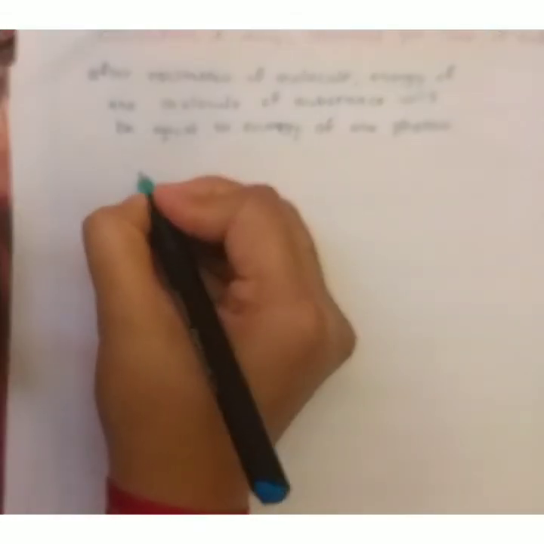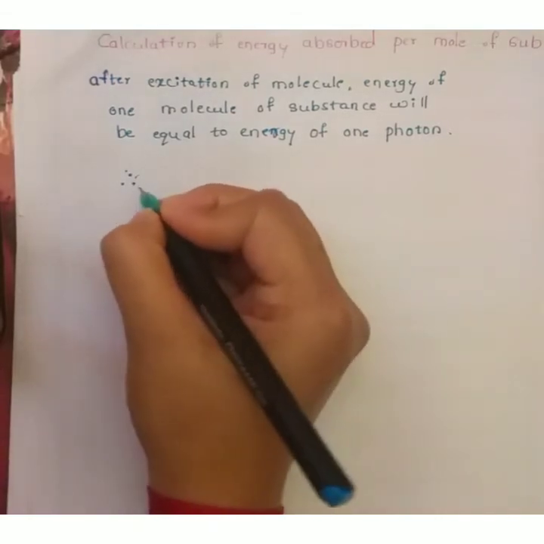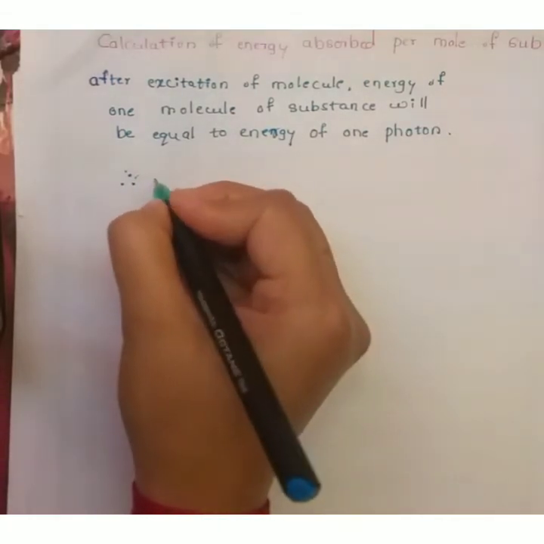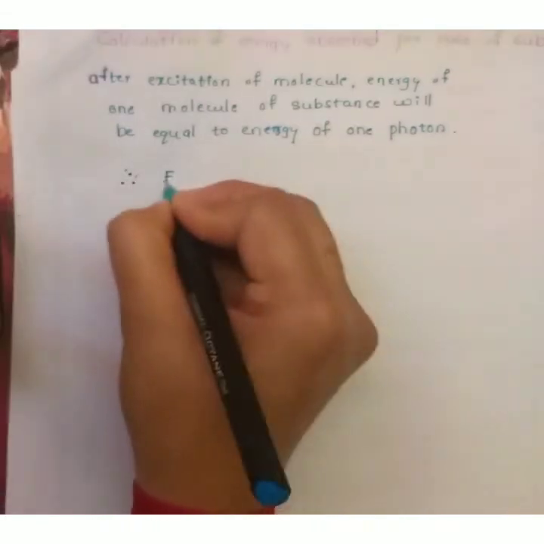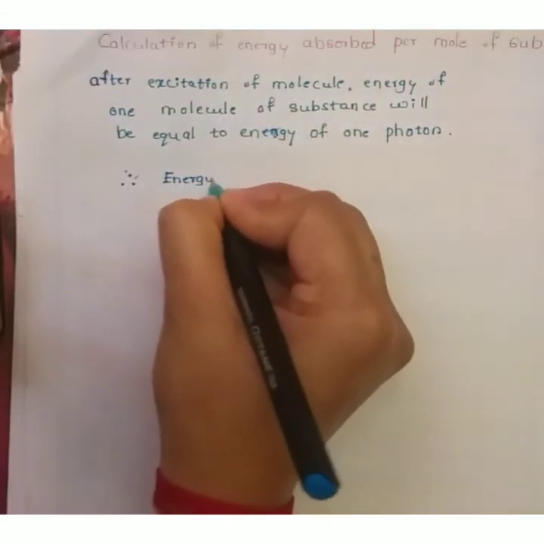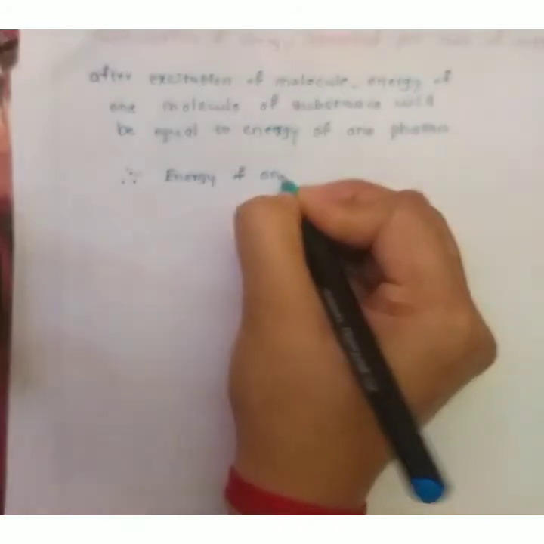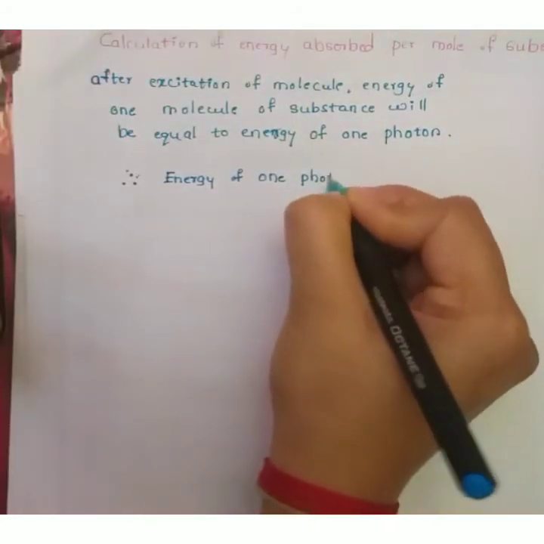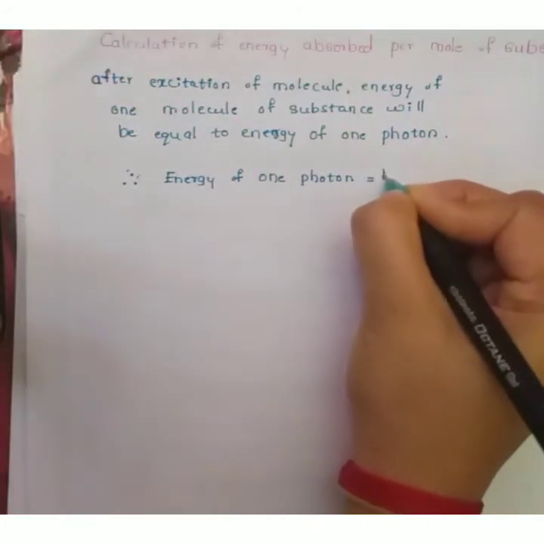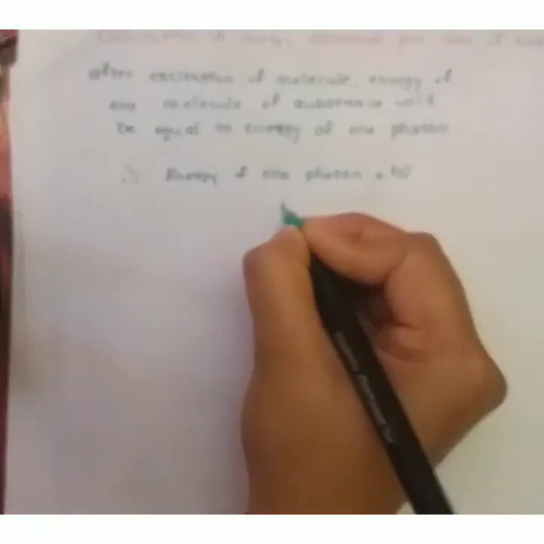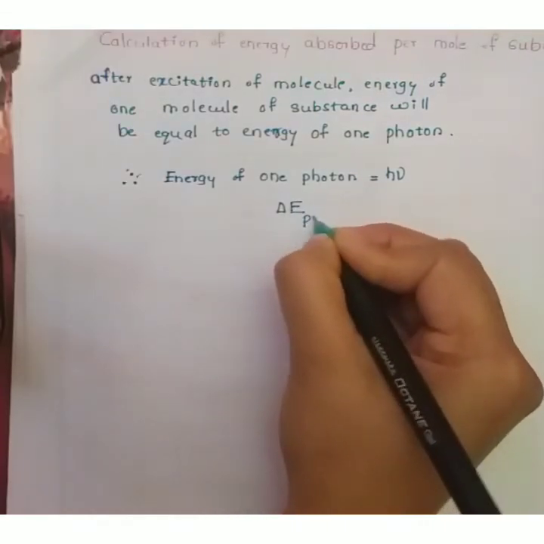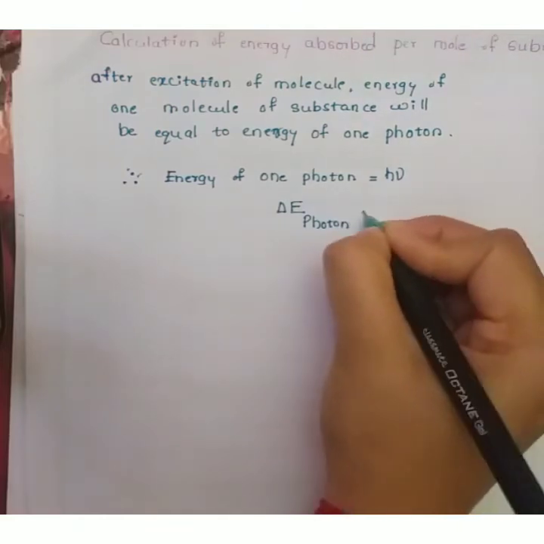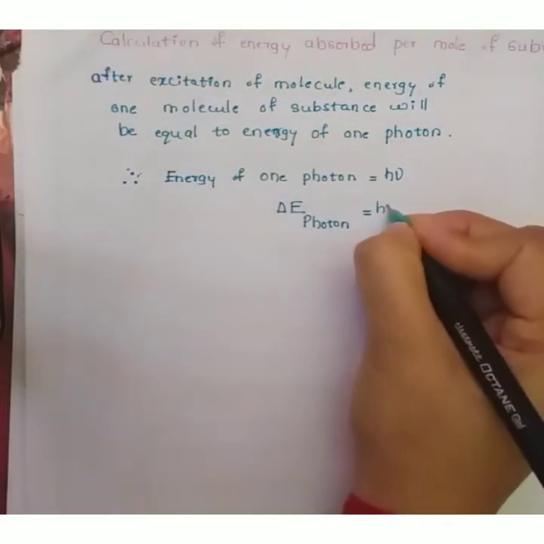First, we shall calculate the energy of one photon. Energy of one photon, delta E of photon, is nothing but h nu.